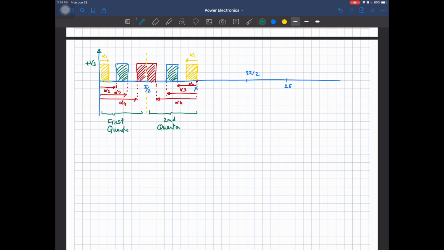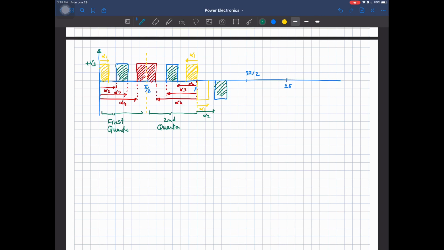Now the inverted version of this one must be there in the negative part, so I'm going to draw it over here, and I will mark the angle from this point. This is angle alpha 1, right? And then taking the second pulse, I have its image, right? So the angle of this one is alpha 2, right?